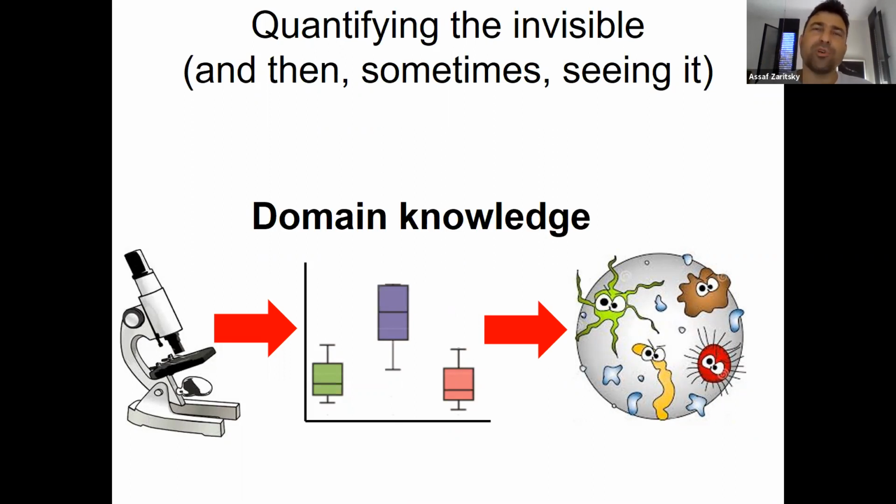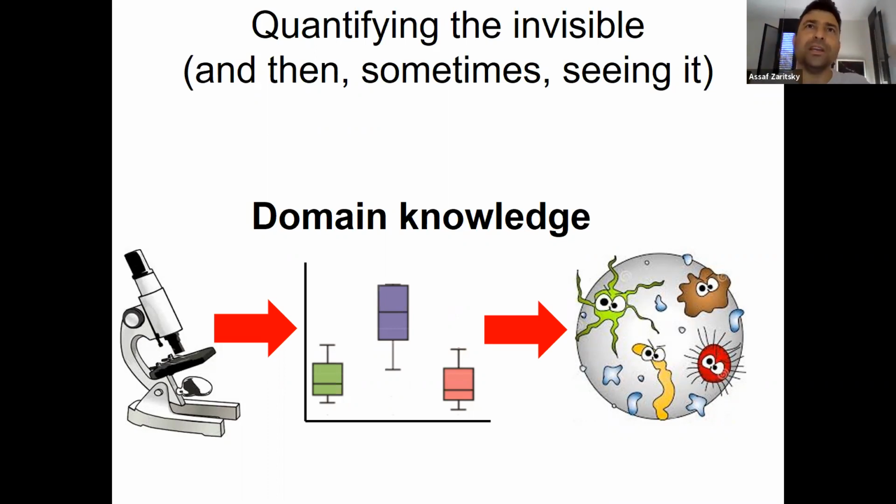And in order to do it properly, we need to have domain knowledge. What is domain knowledge? We need to understand the domain, the biology, not all the biology, but the questions that we are interested in answering. And we need to know what to look for. We need to know how to look for it, what experiments should be done in order to understand, where to look for it in the images, and how to extract this information computationally, quantitatively.